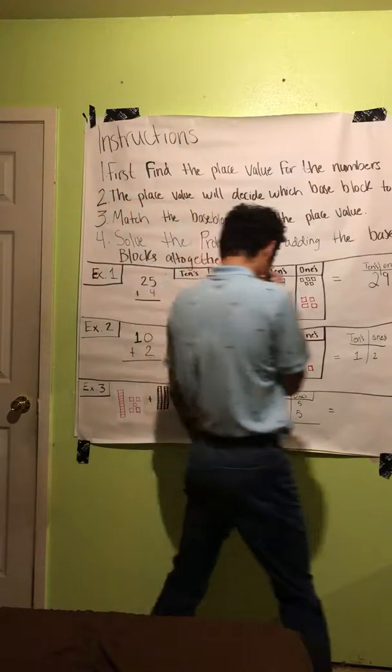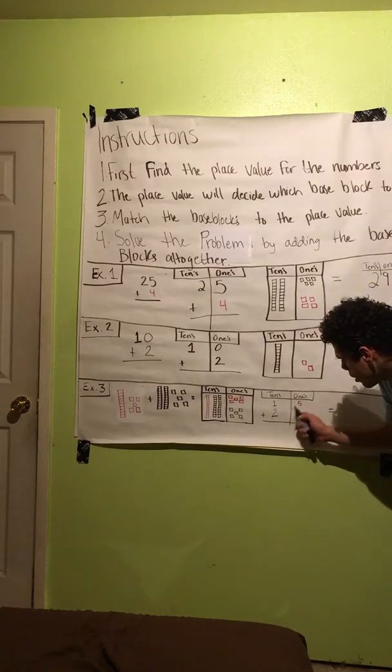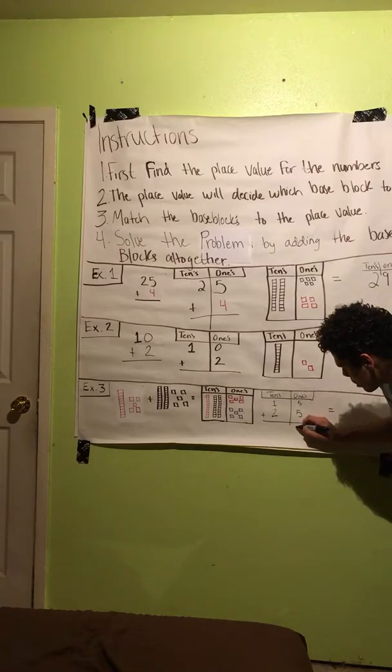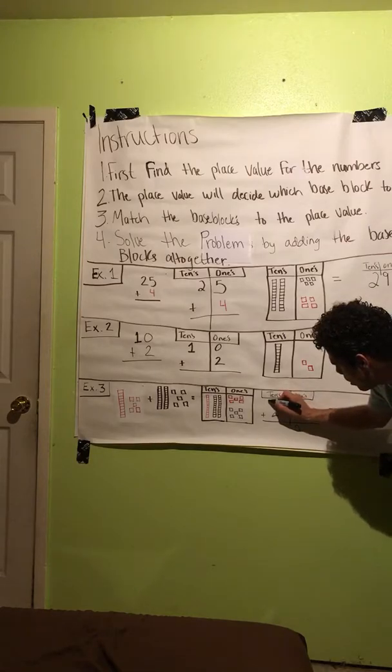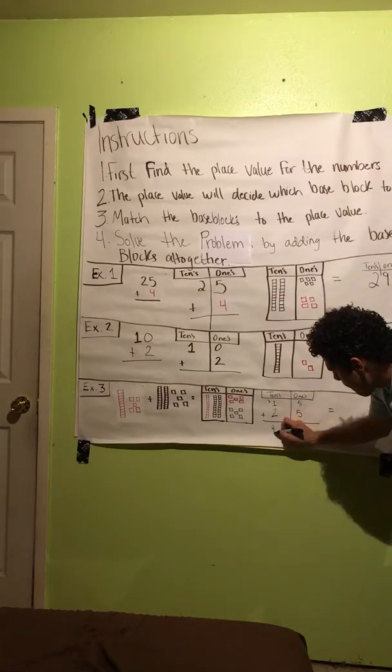Alright, so let's add them together. Let's start over here. 5 plus 5 equals 10. Carry over the 1. 1, 2, 3, 4.